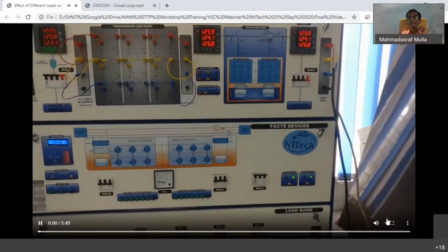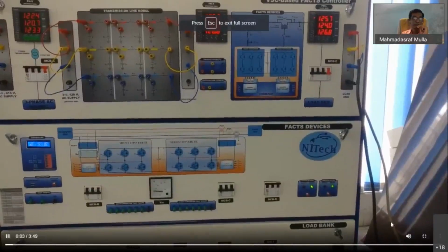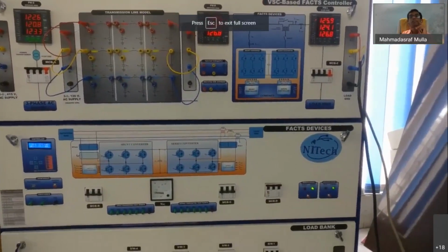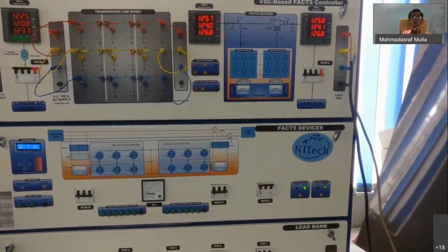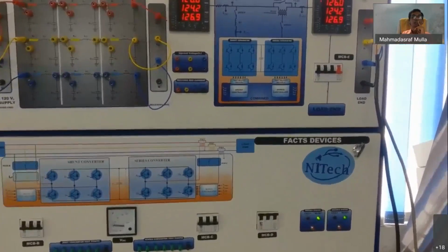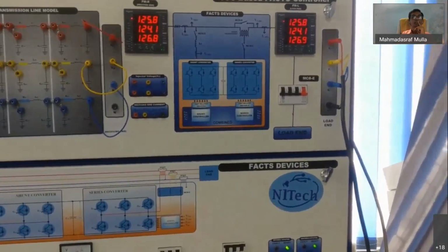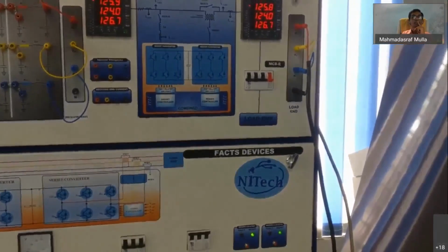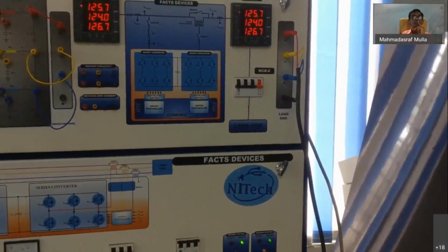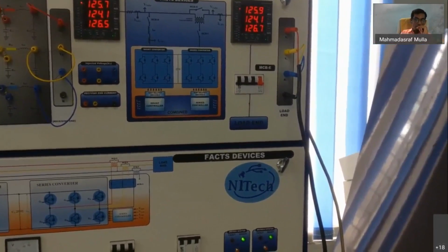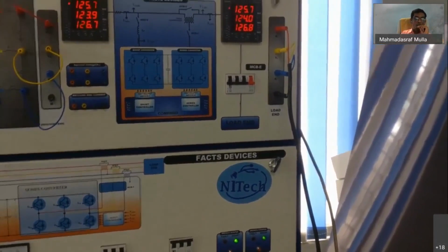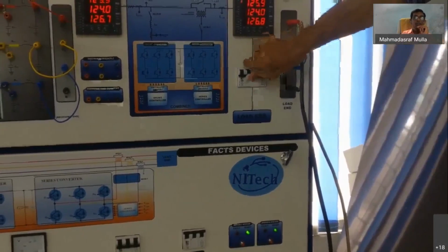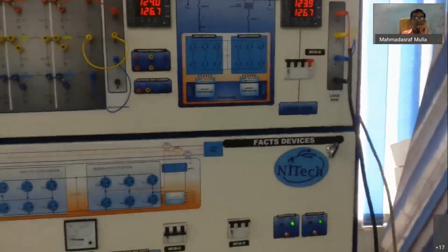Aim, we want to check the effect of different loads. So we have to connect our transmission line to the load. So this is the last MCB you have to turn on, which will be connecting your transmission receiving end to your load. So you will turn on MCB E. Okay.